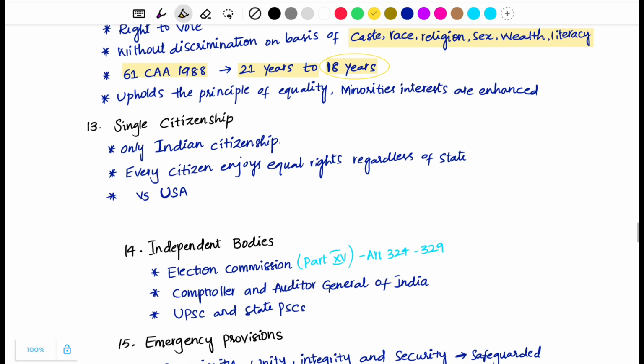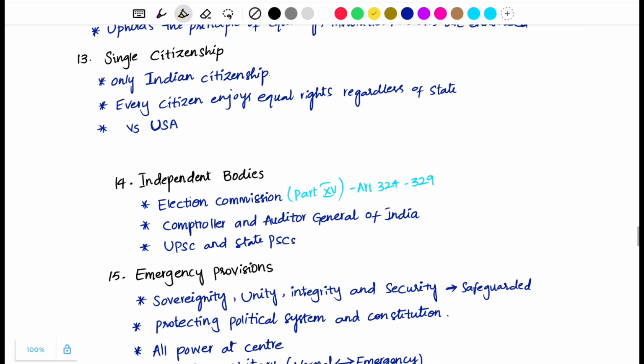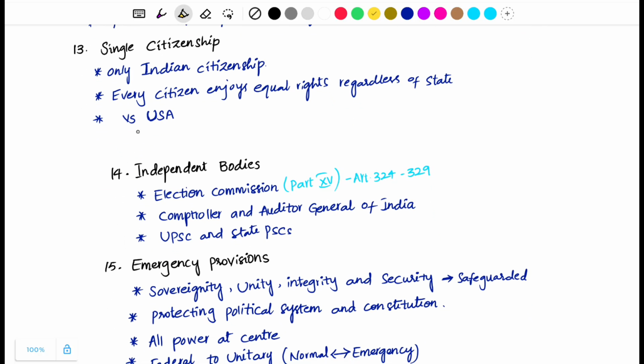The 13th feature is single citizenship. I have already said that India has only single citizenship. If you ever take the citizenship of another country, automatically your Indian citizenship will get cancelled. In the United States of America, as I have earlier said, there are two citizenships: the citizen is the citizen of the country as well as the citizen of the state.